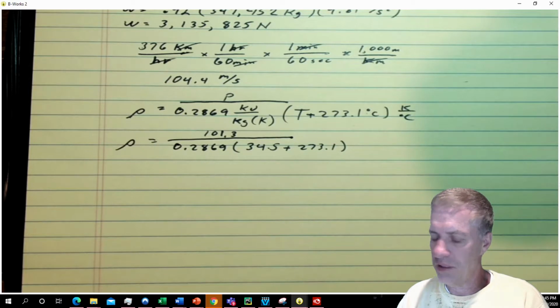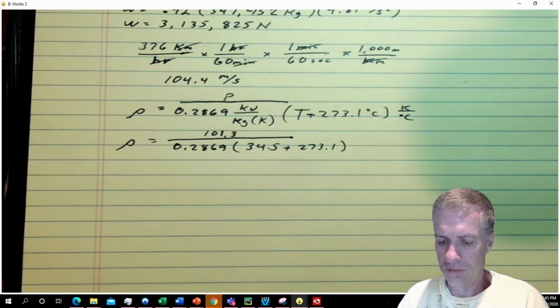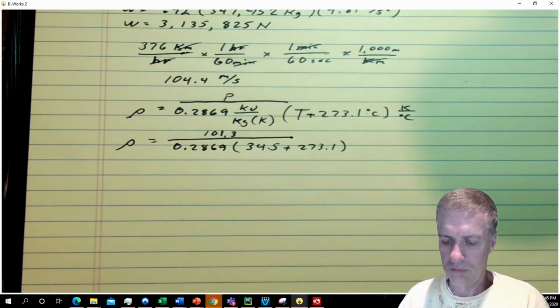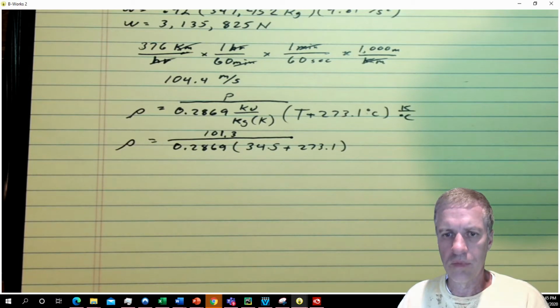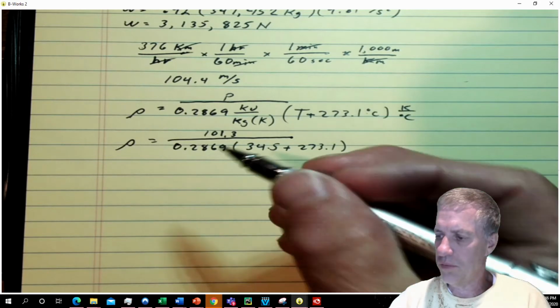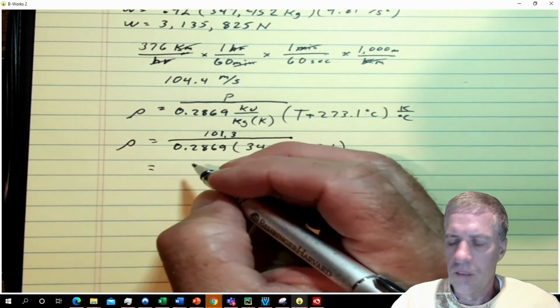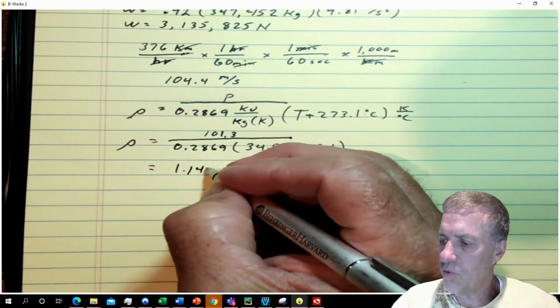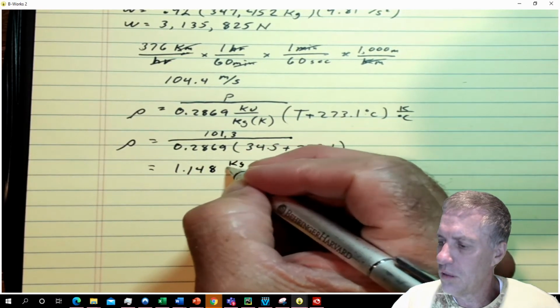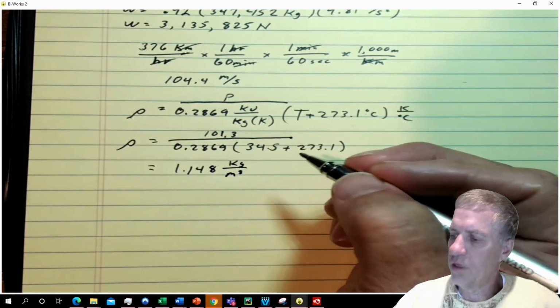Using my calculator, divide this out. Let's see, so I come out to approximately 1.148 kilograms per meter cubed.